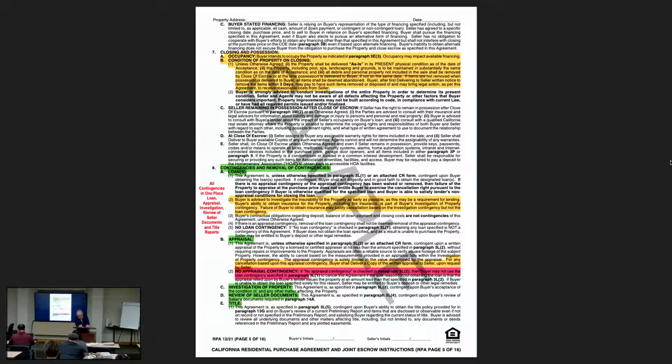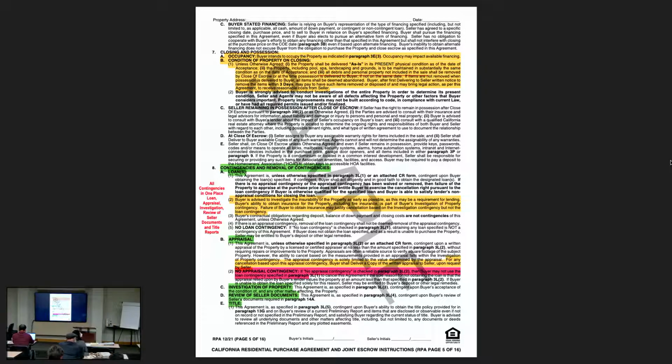And it repeats again on 8B2. No appraisal contingency. If no appraisal contingency is checked, then the buyer may not use the loan contingency to cancel the agreement. I guess the prior point also probably is for unpermitted stuff. Yeah, well, remember, Fannie Mae guidelines state that an appraiser can give value to an unpermitted addition if it's done in a workmanlike manner.